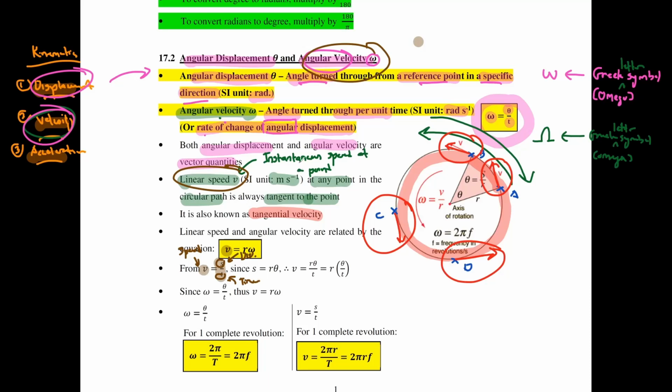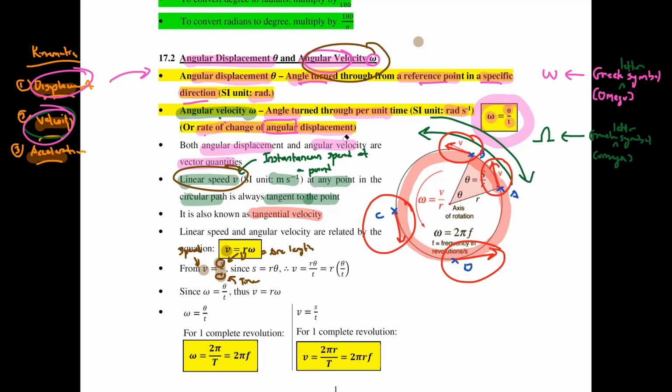Now, when something moves in a circle, the distance is actually your arc length. So we know that in general, the definition of speed is distance over time. But for something that moves in a circle, distance is actually your arc length.